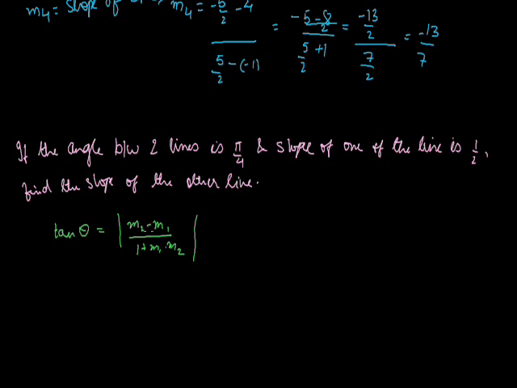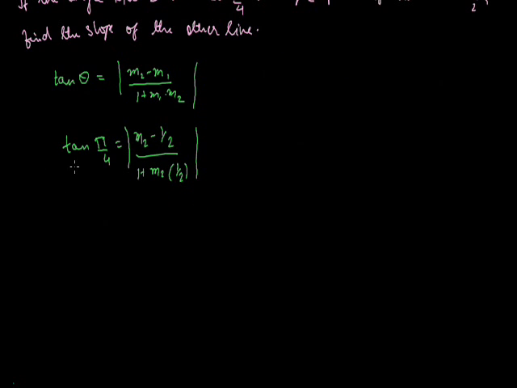So we shall substitute the value of theta and one of the slopes, that is m1, as 1 by 2. So by substituting theta as pi by 4, we get tan pi by 4 equal to mod of m2 minus half upon 1 plus m2 into 1 by 2, mod complete. Now we already know that tan pi by 4's value is 1.